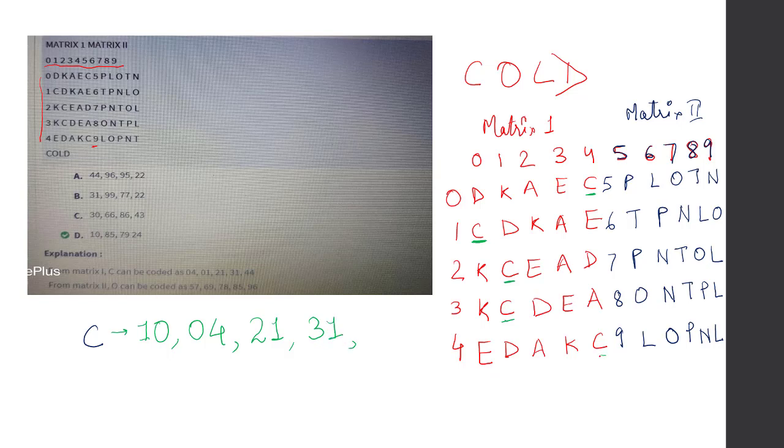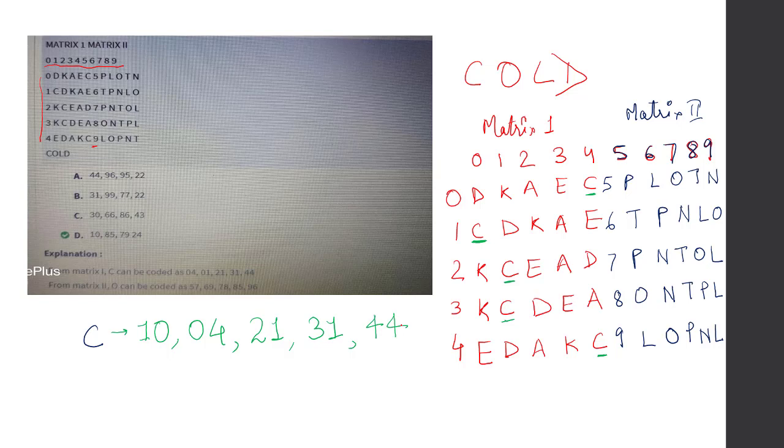Lastly in the fourth row, last column, 4, 4. So by looking at matrix 1, we can see there could be 5 codes which can denote the alphabet C. And in matrix 2 we cannot see the alphabet C, so we cannot derive the value of C from matrix 2.